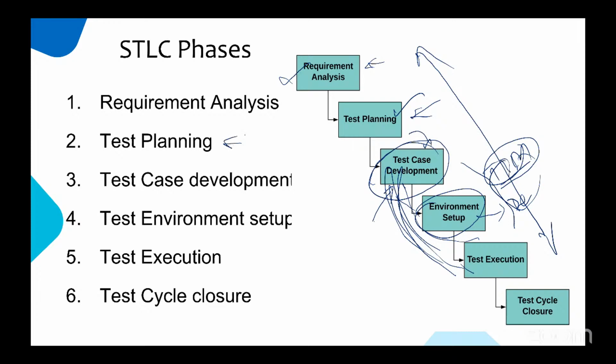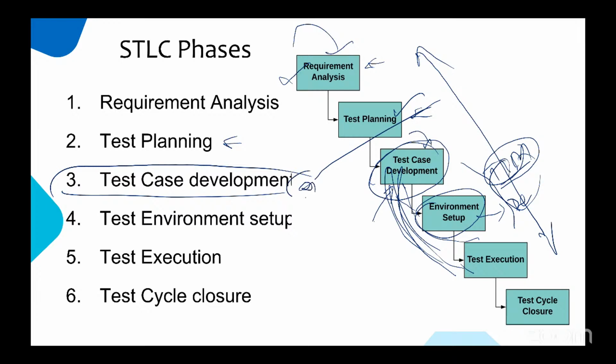Again, the leads and the managers will come in this part. So how we are going to target this particular thing is, we will give more importance to this particular area. Okay, test case development. After completing that, I will move on to the management or test lead topics like test planning, estimation, return on investment, many things.